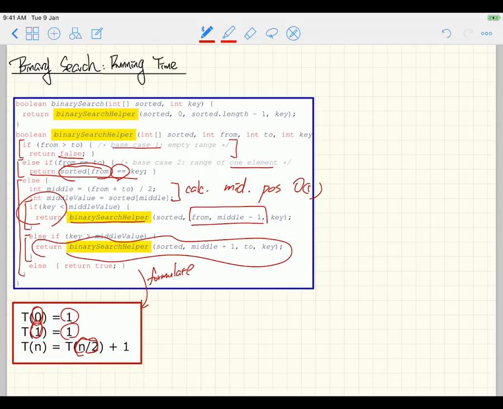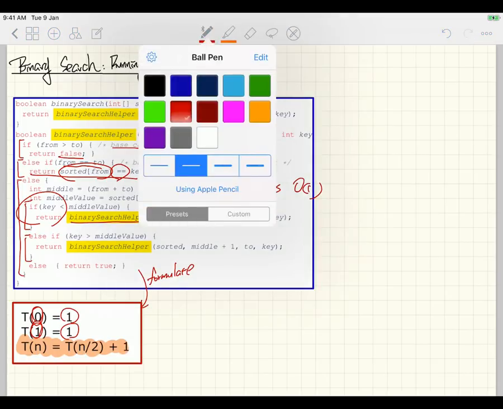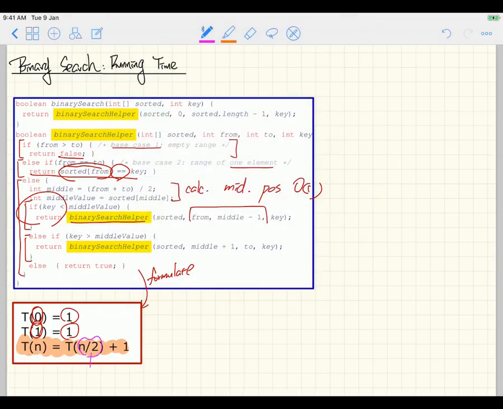So this is how we can formulate this particular relation here. So Tn, which means over here, if you look at that, n over 2, which means we can either go to left or we can go to right. And the plus 1 over here is exactly how we calculate the middle position calculation.